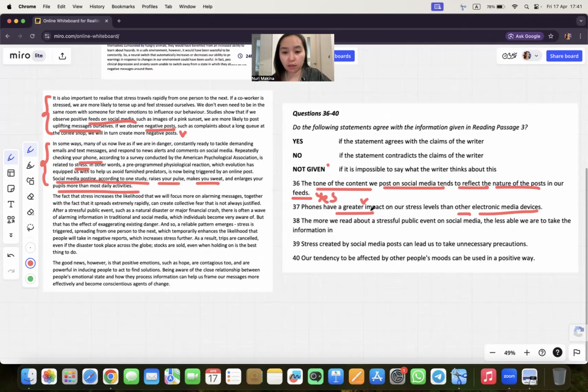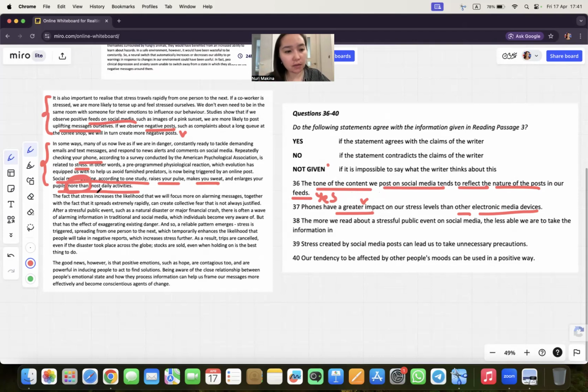So phones have a greater impact. Do we have greater impact? Enlarges more than, yes, it's about here, greater impact. This is just an example of an extreme word, so you should be aware that sometimes you will be given extreme words as well. You have to check that they match with the information given.